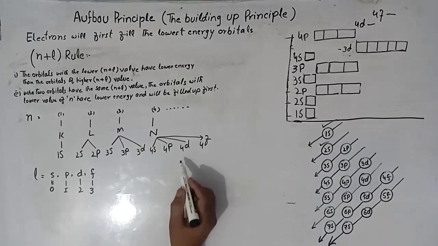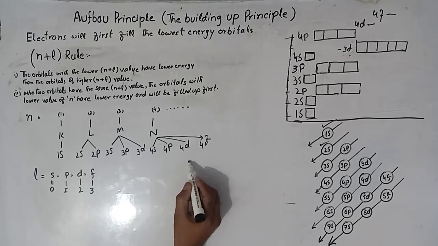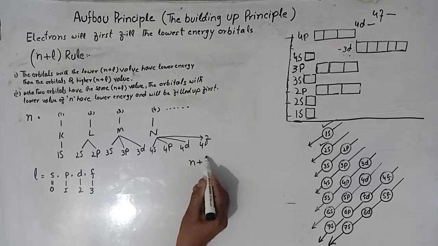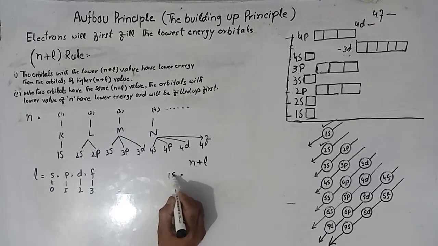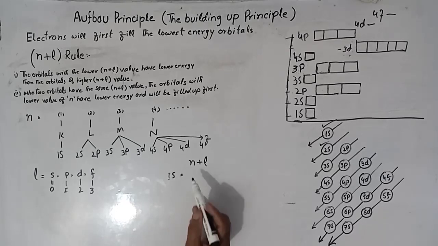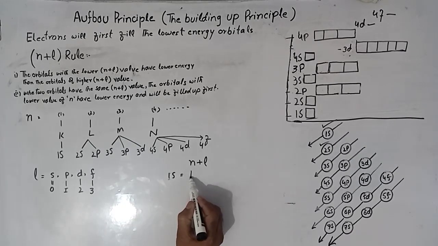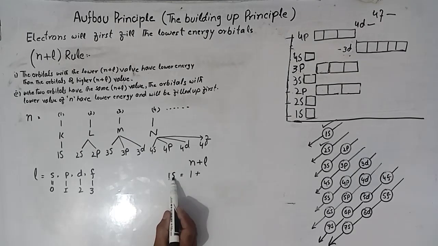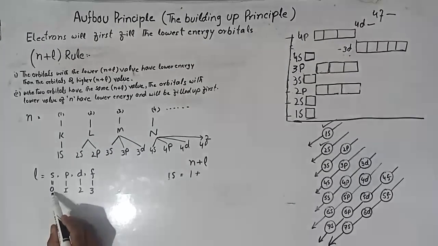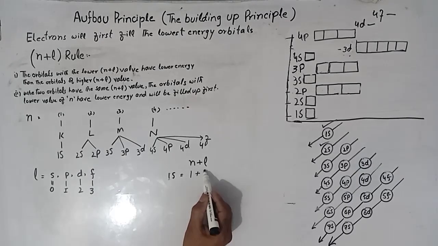Let's continue. To find out the value of 1s, we use the formula n plus l. For 1s, 1 is the principal quantum number, so write 1, and the value of azimuthal quantum number for s is 0, so 1 plus 0.